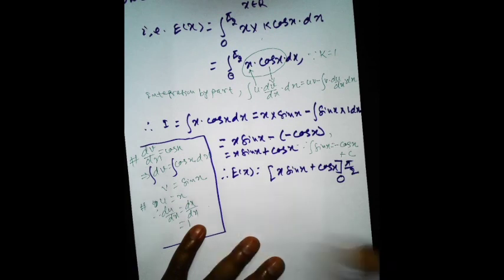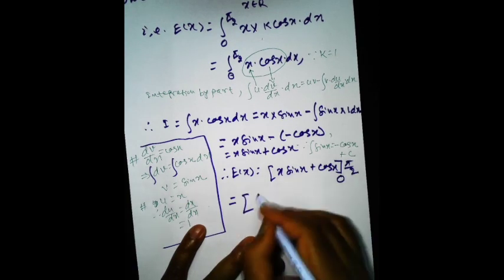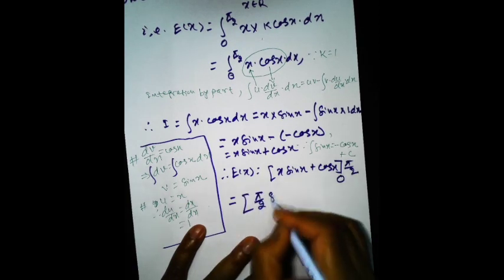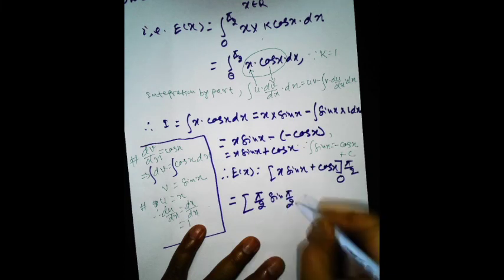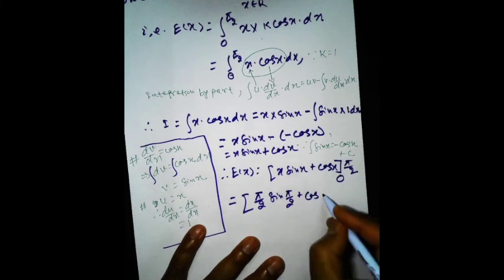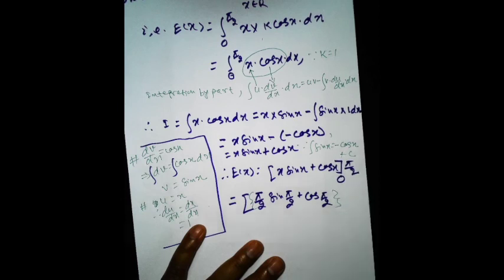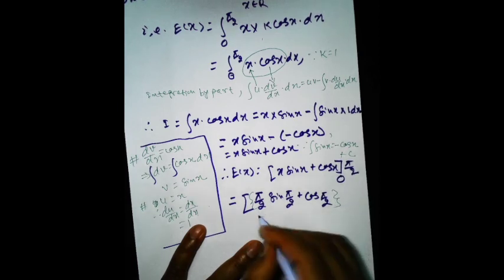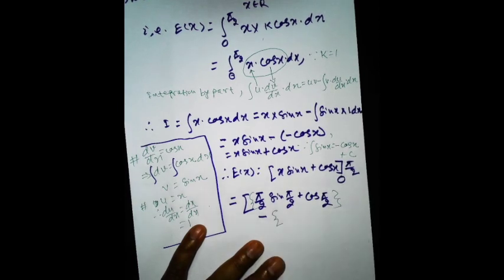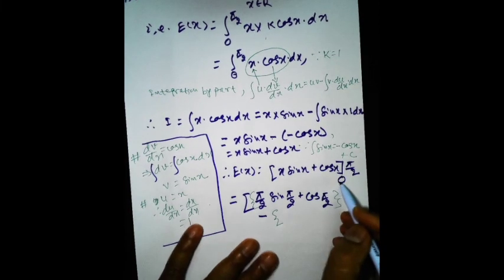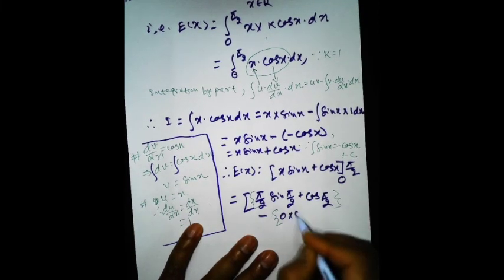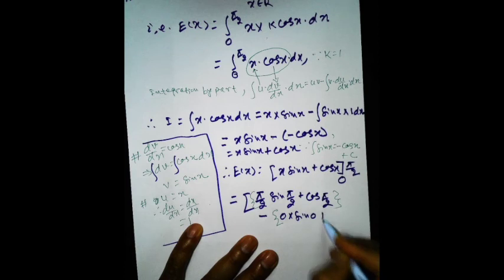After this step, first of all put pi by 2, so it is going to be pi by 2 times sin pi by 2 plus cos pi by 2. After that, this is minus the value at 0: putting 0 in place of x, so this is 0 times sin 0 plus cos 0. This way we can calculate.